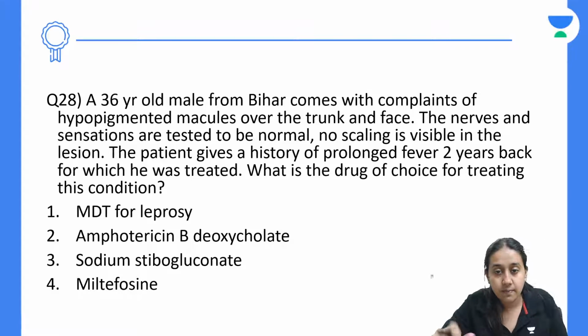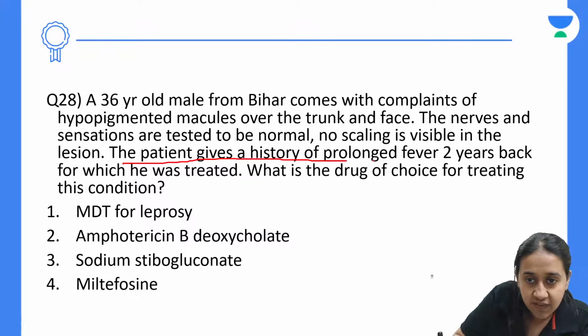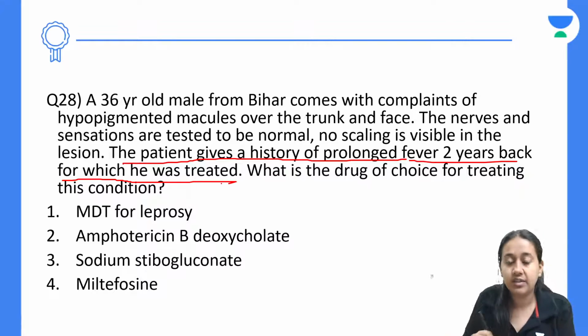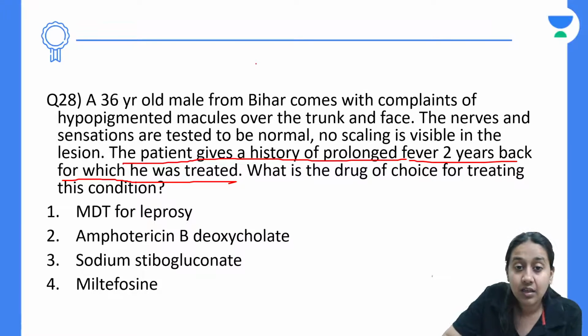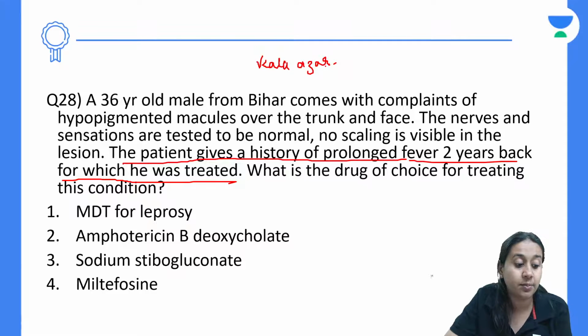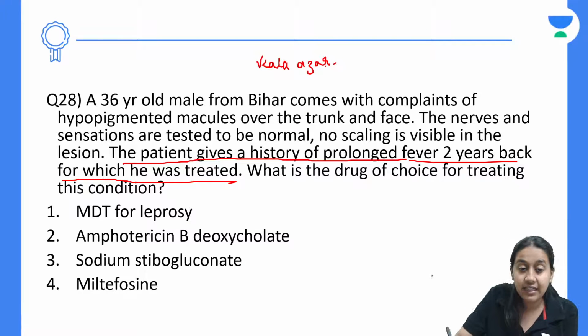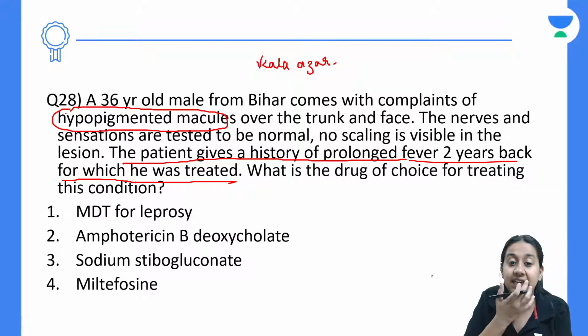Very nice, all of you. Now in this question, a very important clue is the patient gives a history of fever 2 years back for which he was treated. Now this history of fever in the past, it could be Kala Azar, that is visceral leishmaniasis, which presents with a prolonged fever. And right now, after few years of recovery from Kala Azar, patients started developing hypopigmented lesions.